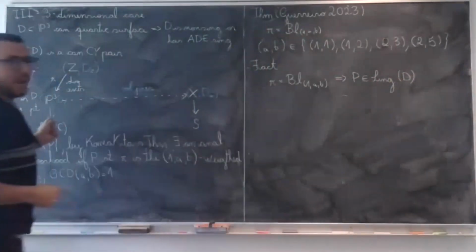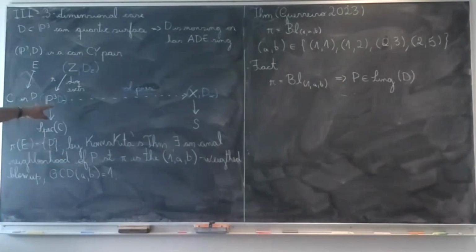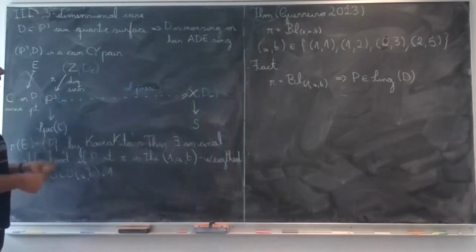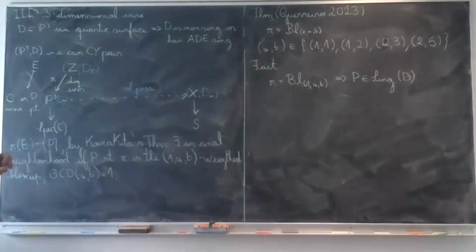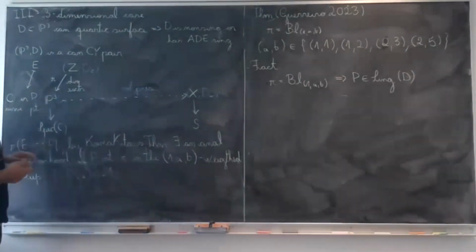And so this is really interesting because if we start with a quartic surface which is non-singular, this says to us that the first link must be a divisor extraction to a curve.